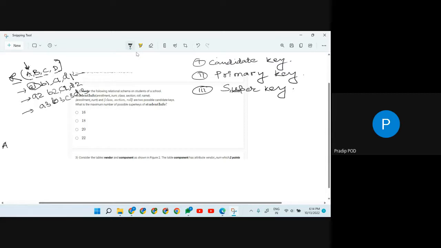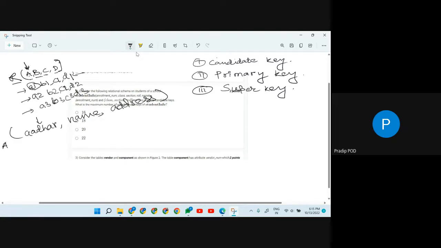It is like a name or your Aadhaar card. If I choose the Aadhaar card as the super key, I can tell what your name is and what your address is. That is a practical example: Aadhaar, name, and address.